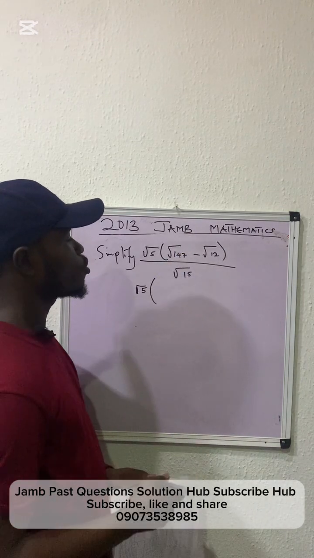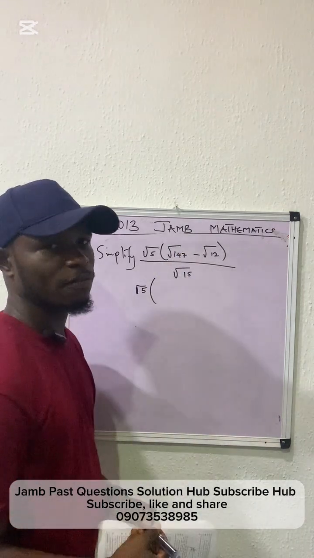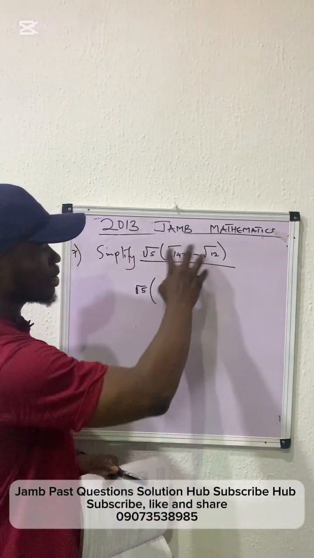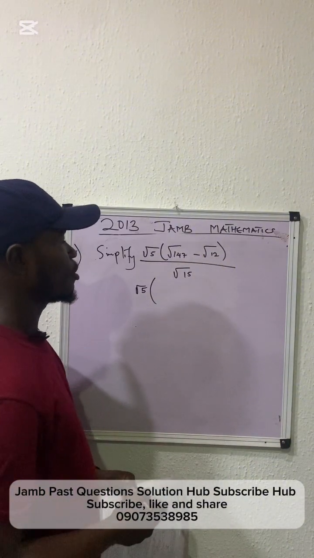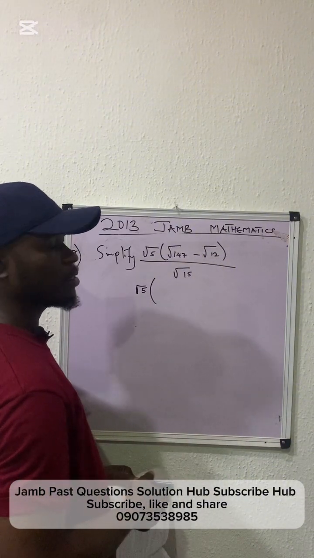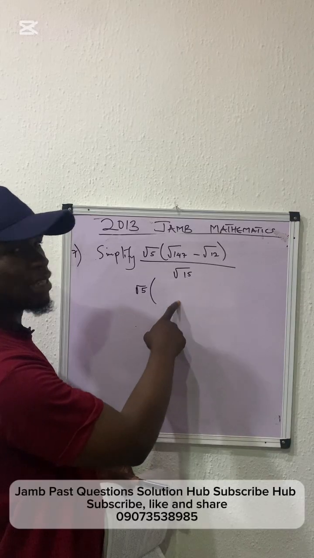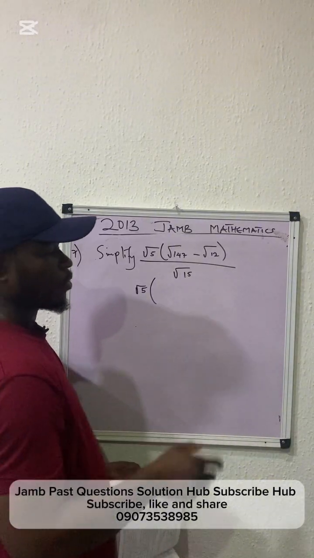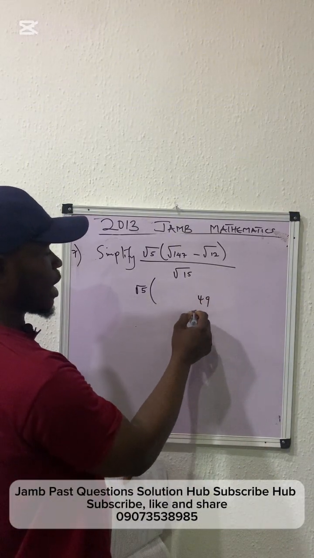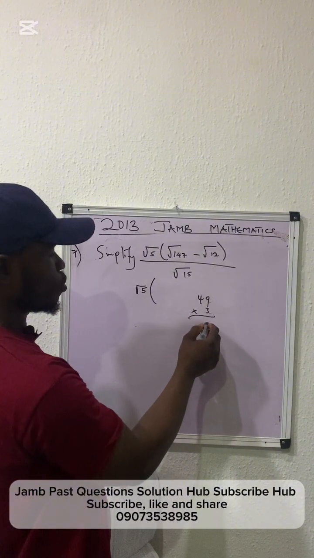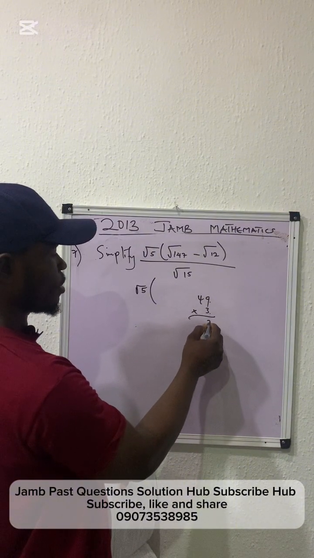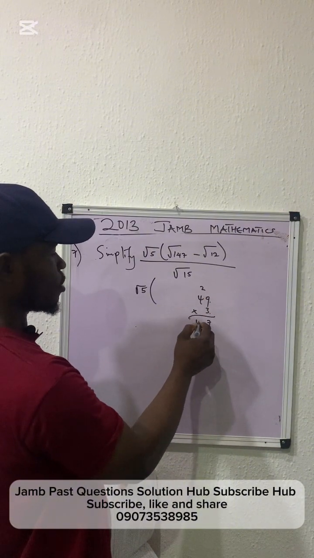So if we want to convert root 147, this would be root 49 times root 3. 49 times 3 gives you 147.